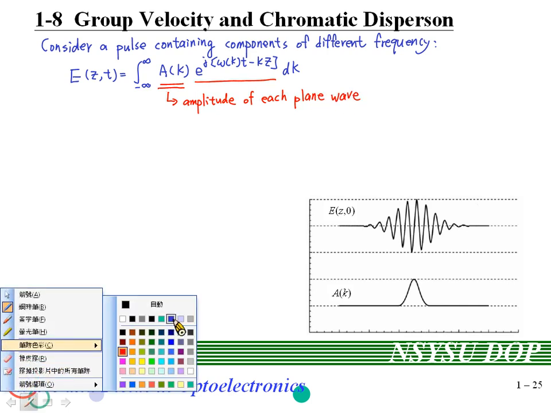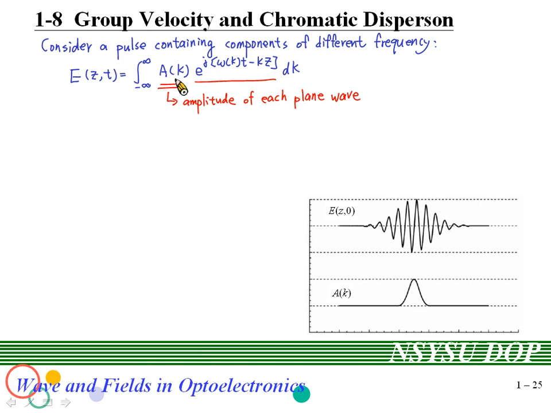As a result, this integral shows the summation of different plane waves, which correspond to different values of k. So this is the summation of different components of different frequencies.